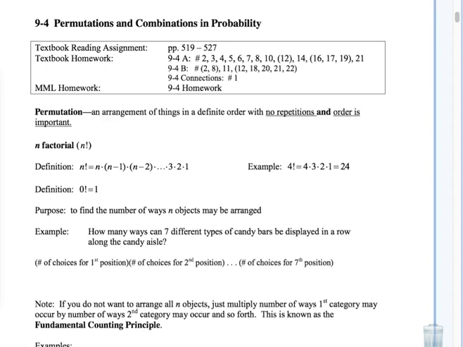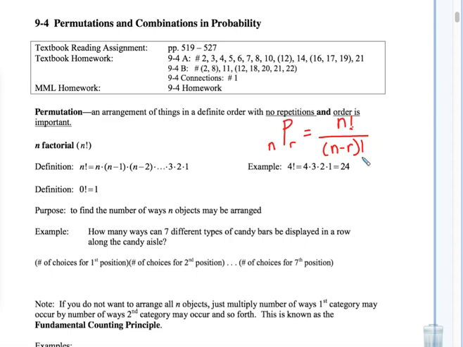The notation for a permutation has P with n and r. If you already watched the YouTube video, you know exactly what this is. The formula is n factorial divided by n minus r factorial. We have n objects and we're looking at r many of them at a time.